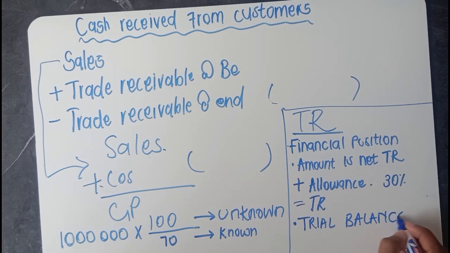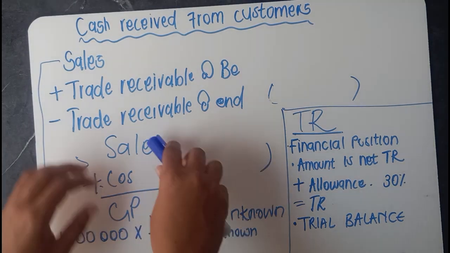If they give you the trial balance, just know that the amount they give you is fine. Check the adjustments in case they say it must be adjusted. But usually it will be the trade receivables that you're supposed to use, and you don't have to add the allowance. If they gave you the trade receivable account, you are fine for the question. But there has to be a catch somewhere.